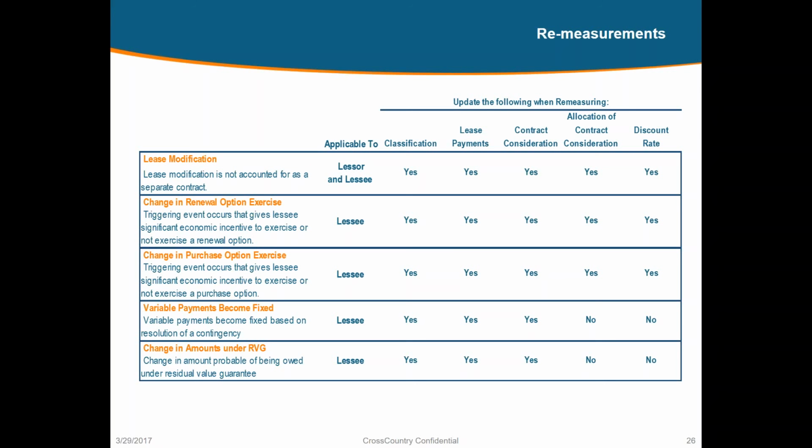A remeasurement event that relates to the change in likelihood of renewal or purchase option exercise occurs when there is a triggering event.